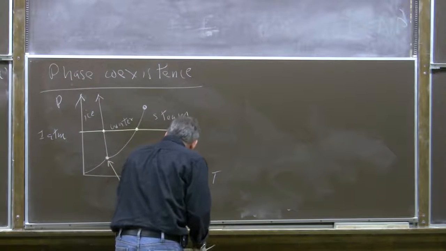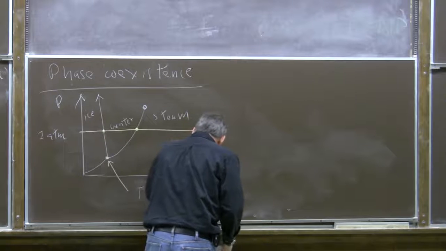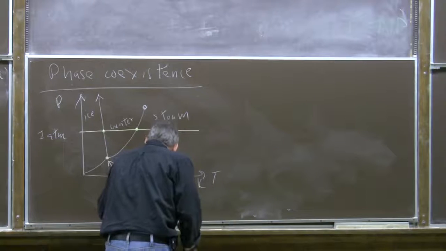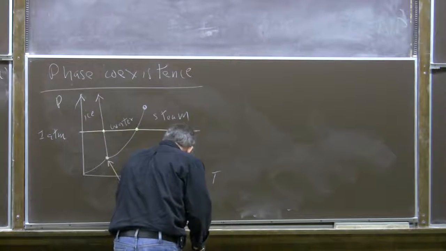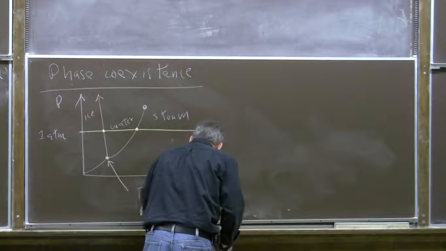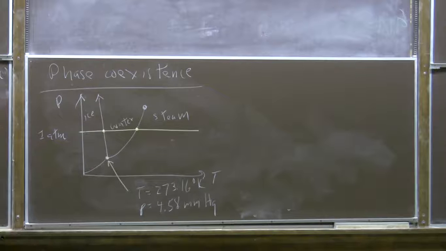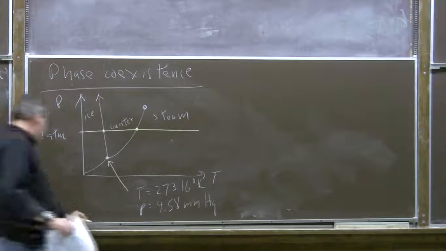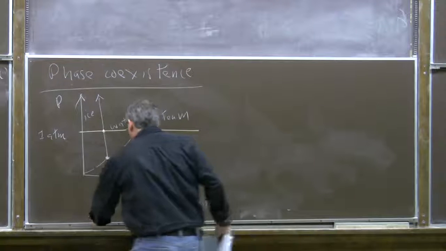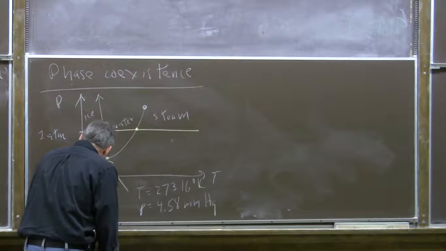In degrees Kelvin, it's 273.16. And at a pressure which is 4.58 millimeters of mercury, much less than atmospheric pressure. And there's another special point, which is up here. This one is called the triple point, because there are 3 phases all in equilibrium.